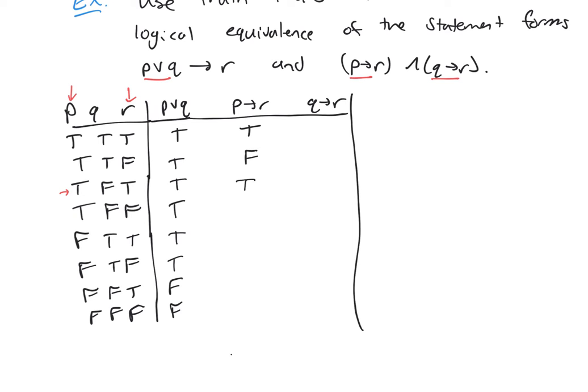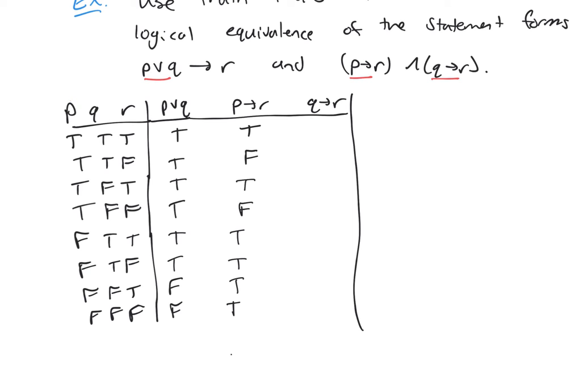So another true. And then the 4th row, your hypothesis is true, but your conclusion is false, so that would be false. Now, the remaining 4 rows, your hypothesis is false, which means it's automatically going to be true. Right, so we finished that one.